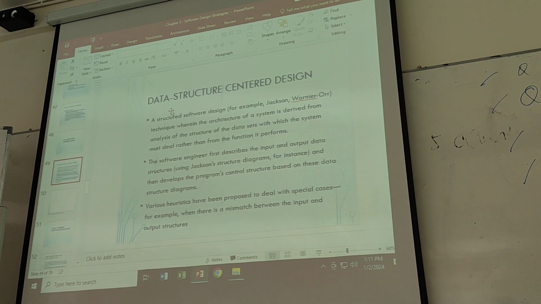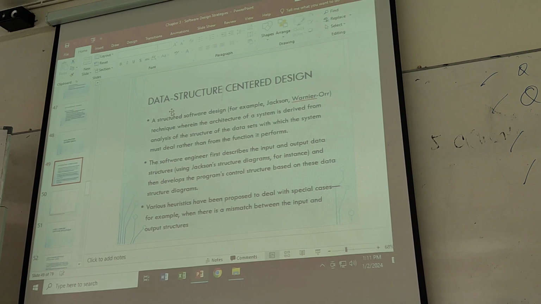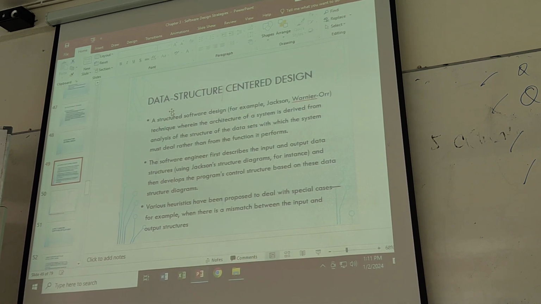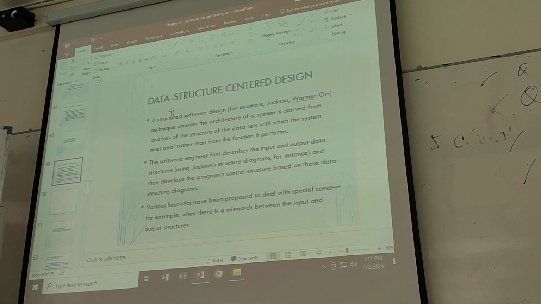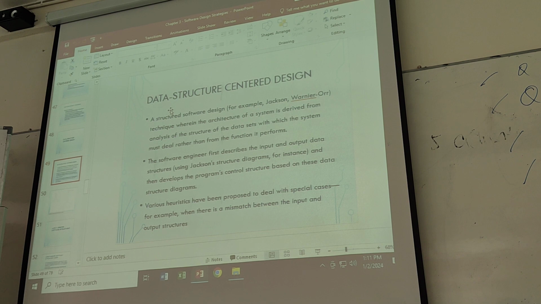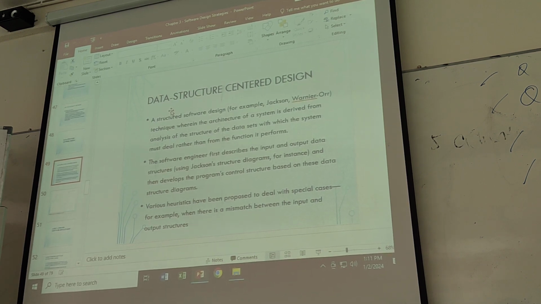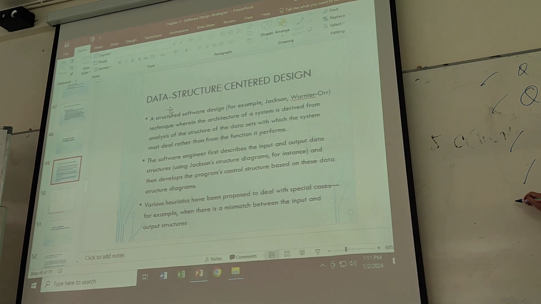This Jackson structure diagram was developed by Dr. Jackson. How does it work? Let's say, for example, I want to create a system to produce the sum of two numbers. I decide what numbers I need.